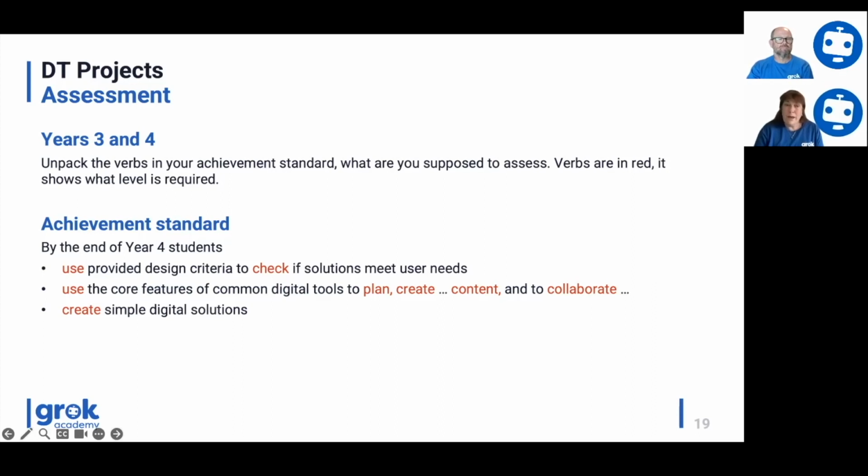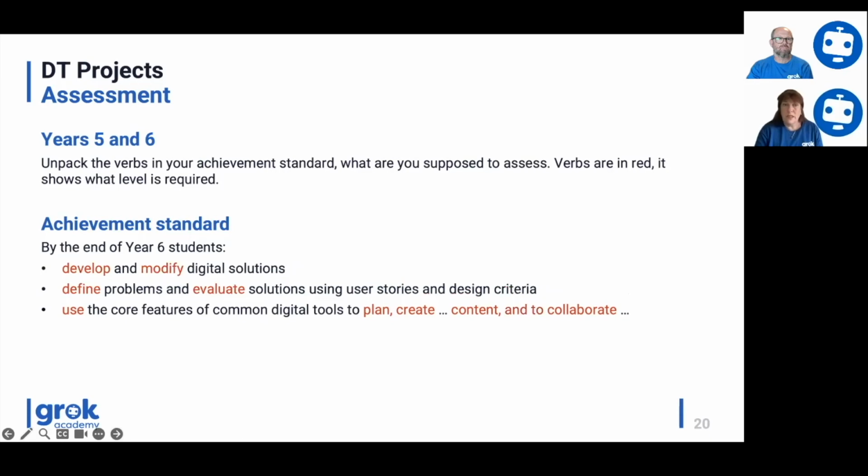So you always pay attention to the verbs that we've got and what you have to assess. I think sometimes we over-assess and we make things too complex for our year level. So be sure this is the year 3-4 and then the year 5-6 is slightly different. Make sure you focus on what the verbs tell you that you need to assess, and you should be right if you start that at the very beginning of your unit.